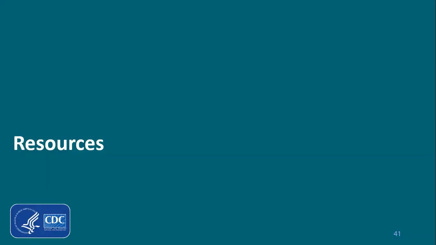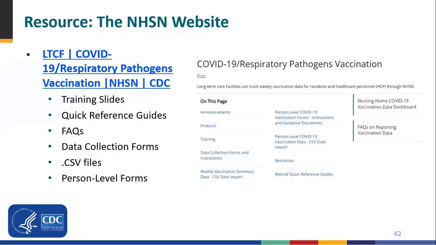We'll now review how to access the additional resources available to facilities. The long-term care component website contains links to a variety of training materials, including quick reference guides, training slides, and information on CSV file upload.